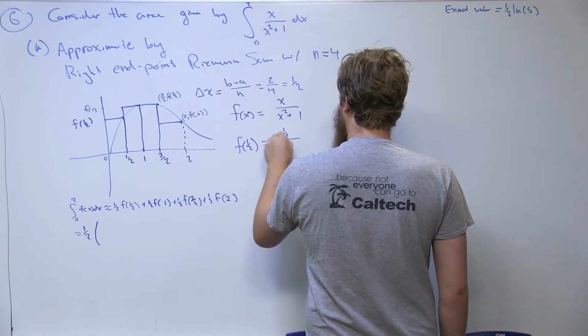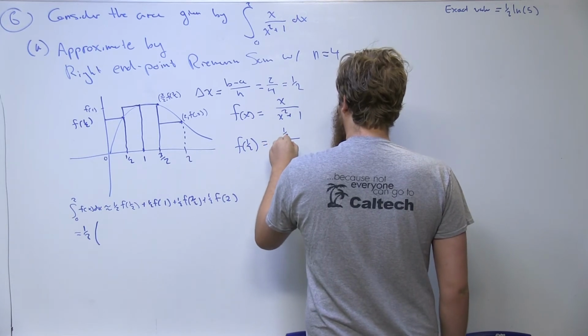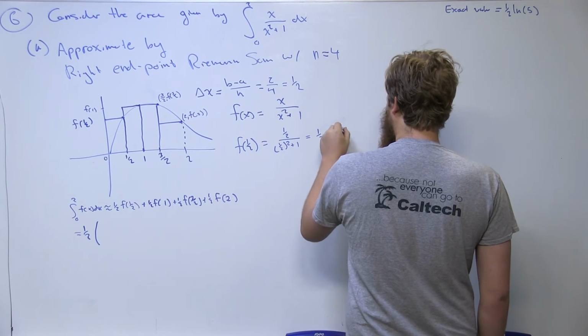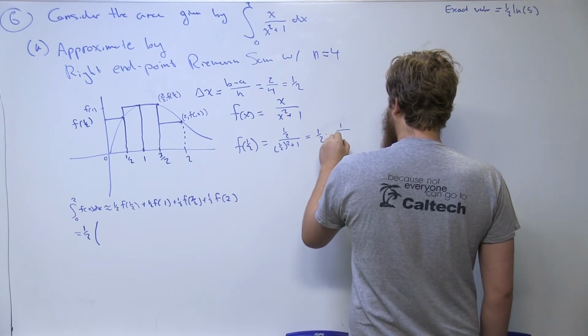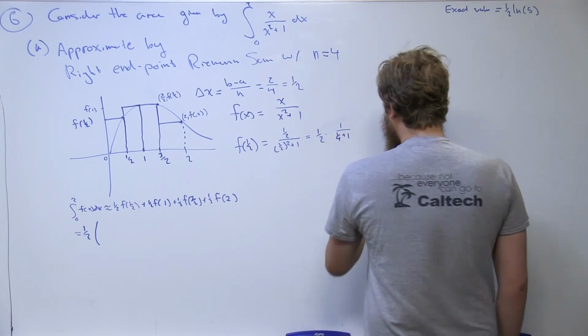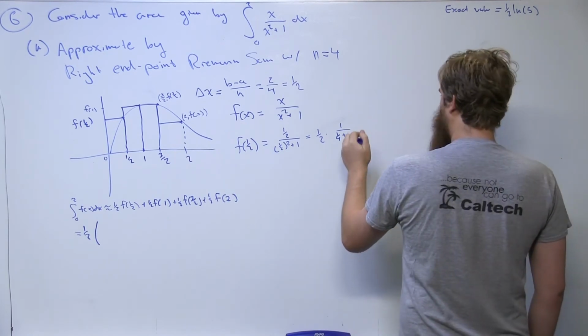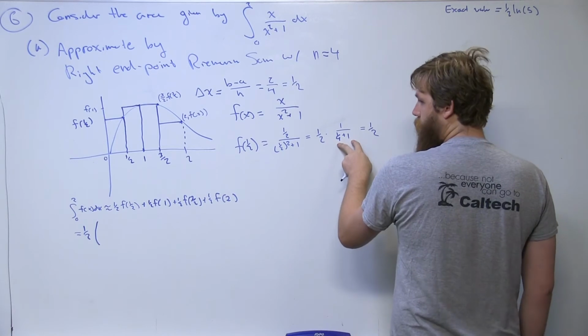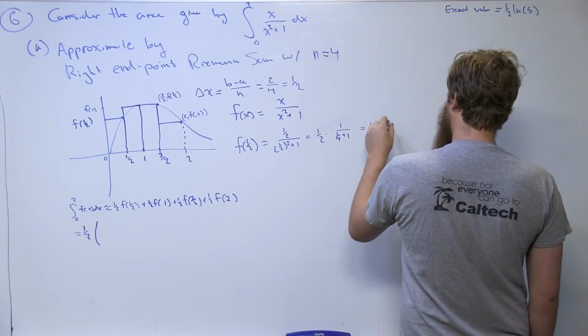is equal to 1/2 divided by 1/2 squared plus 1. That's 1/2 times 1 over 1/4 plus 1. 1 I can write as 4/4. So downstairs I have 5/4. The reciprocal of that is 4/5.